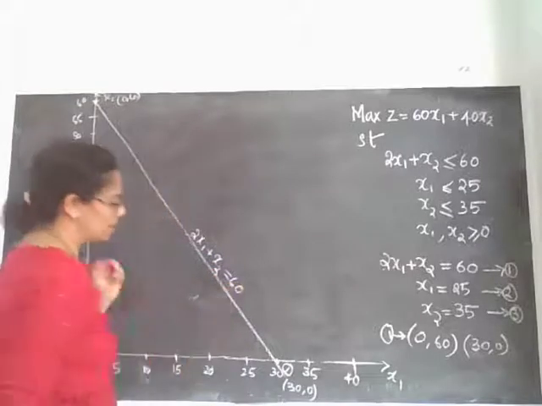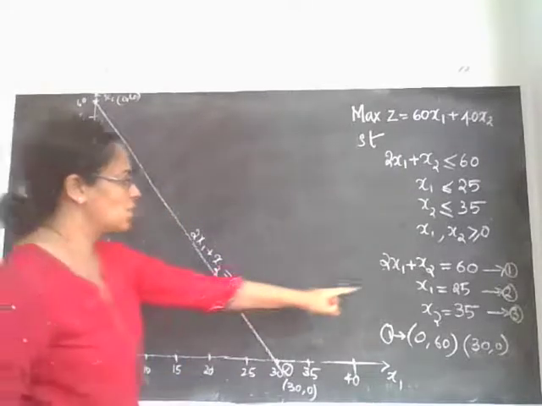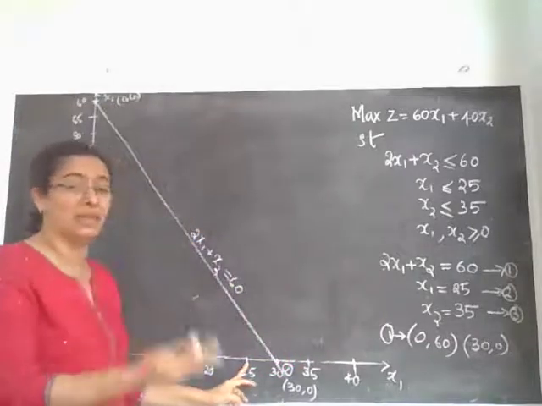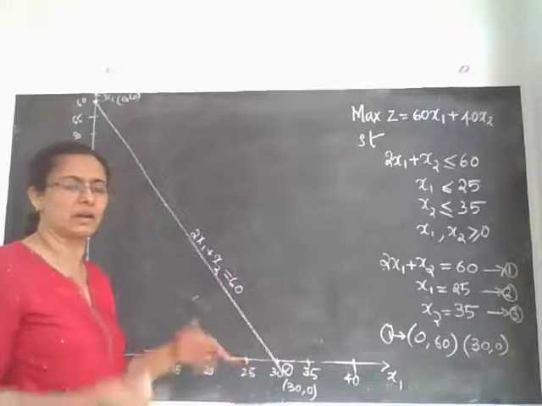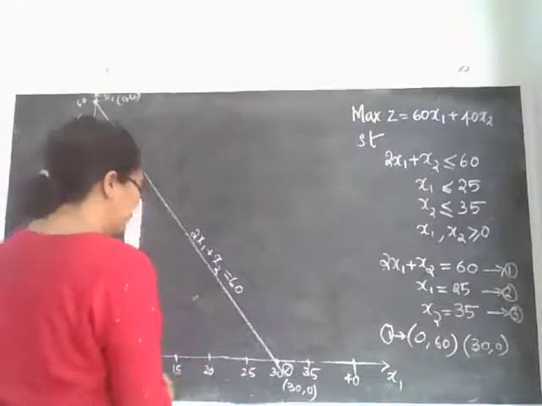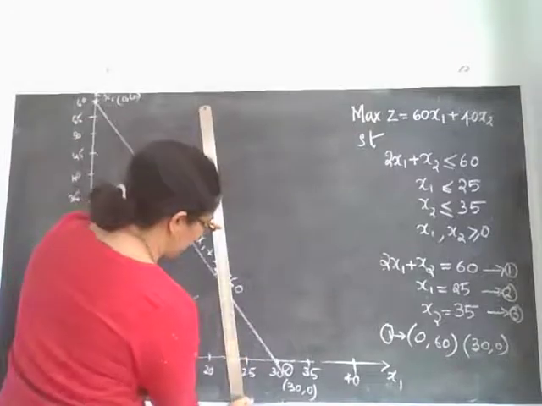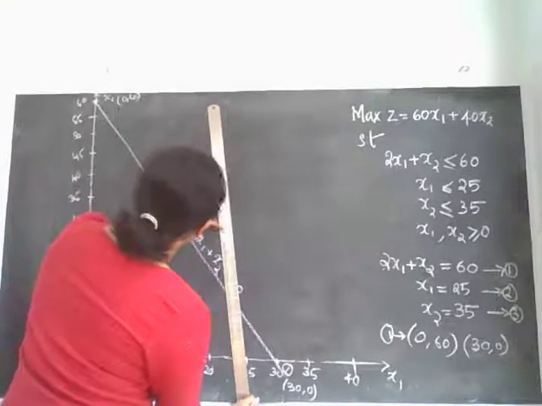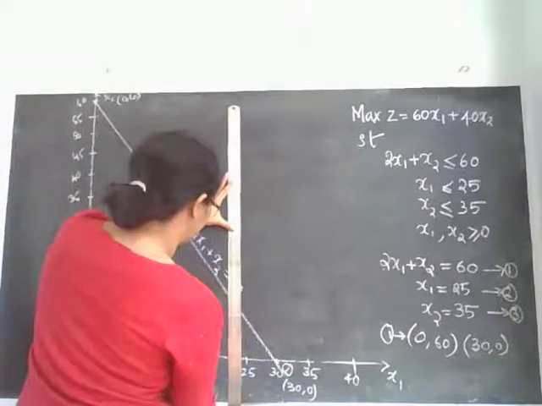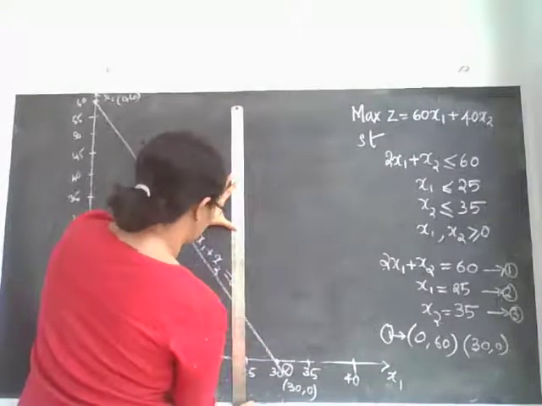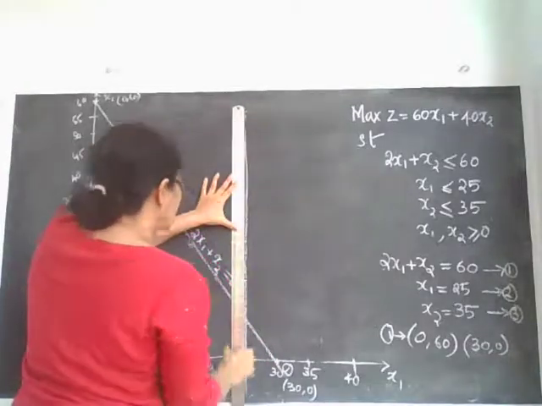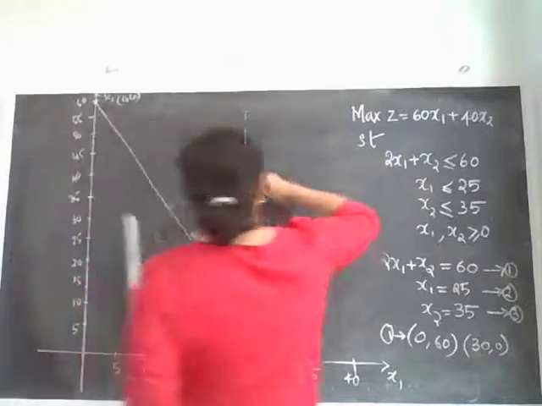Now the second one, x1 equal to 25. x1 is 25, and x2 can be any value. So we can draw it like this: a line like this is x1 equal to 25.